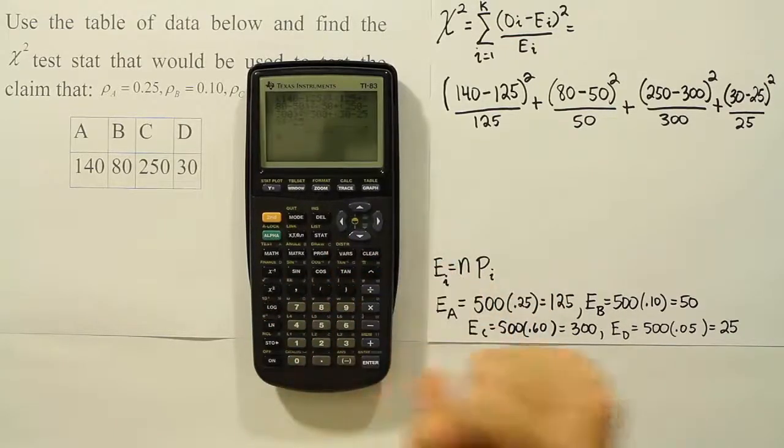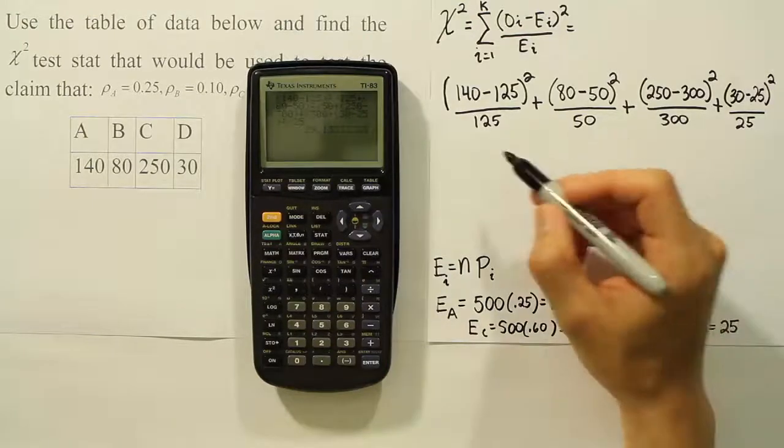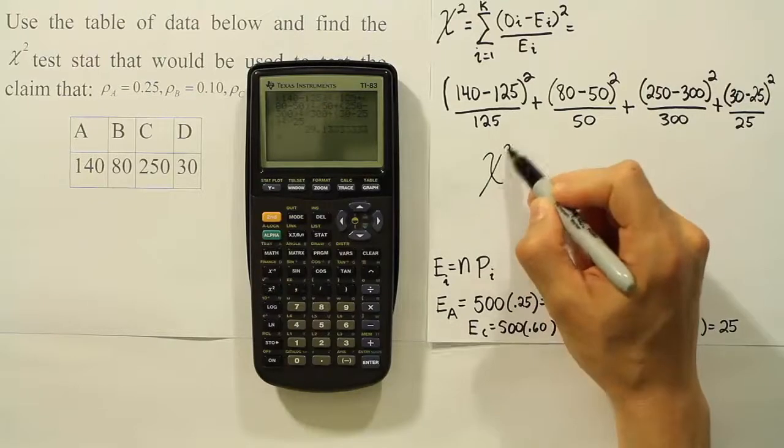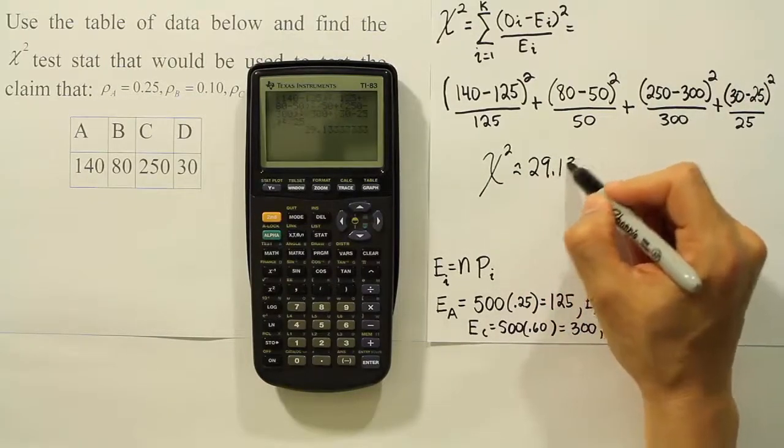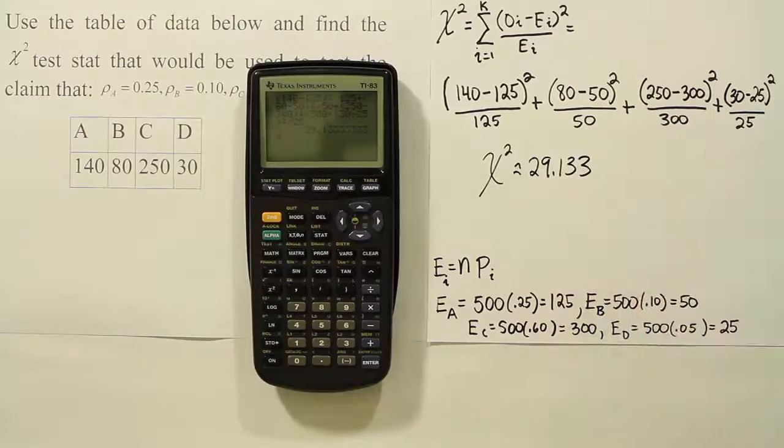After entering it all into my calculator, I get approximately 29.13 repeating. So my chi-squared test stat is approximately 29.133. All right, so there it is.